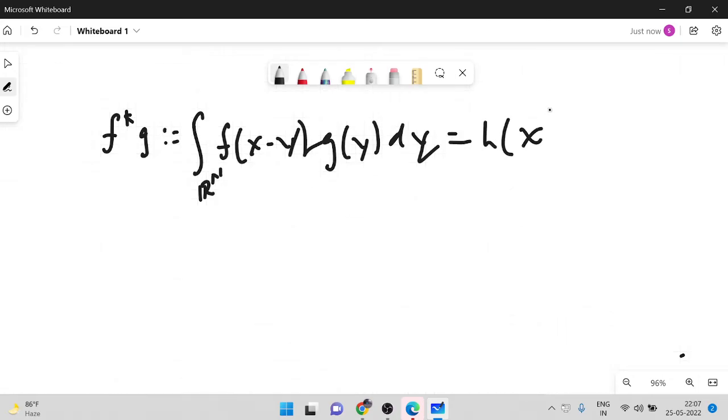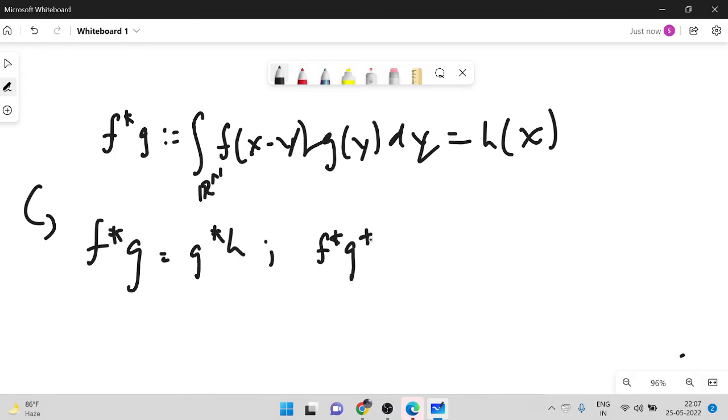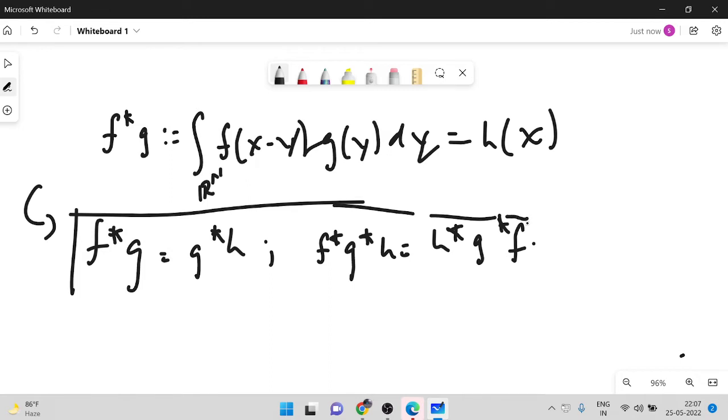This is called the convolution of functions f and g. Some properties of the convolution are that f star g equals g star f, and f star g star h equals h star g star f. These are identities that you get by simply changing the order of integration, and I'll leave this as an exercise.